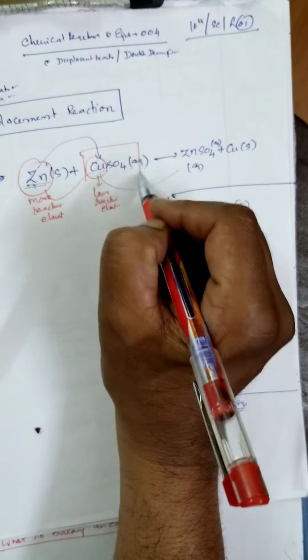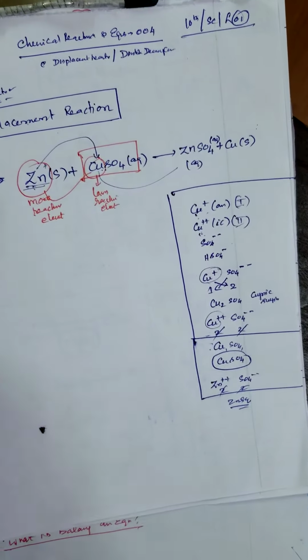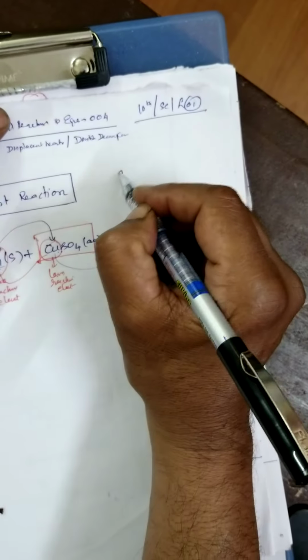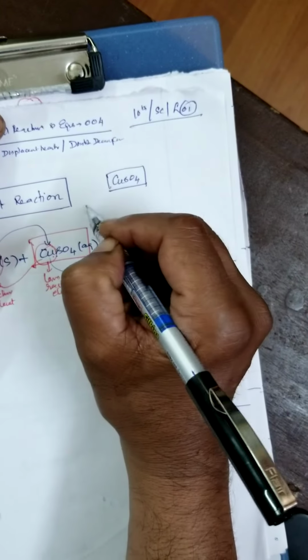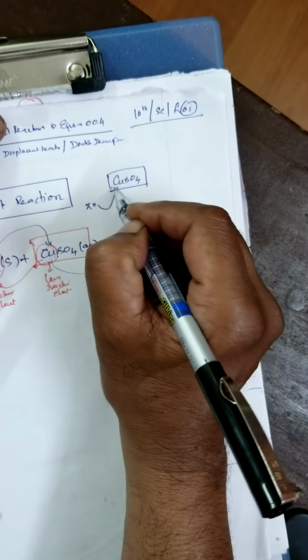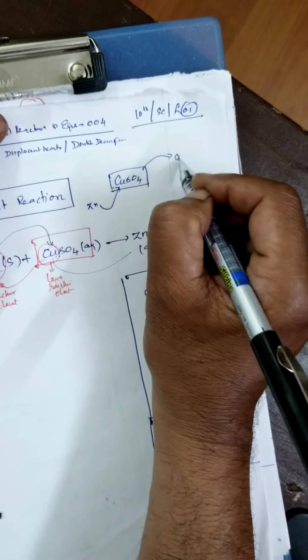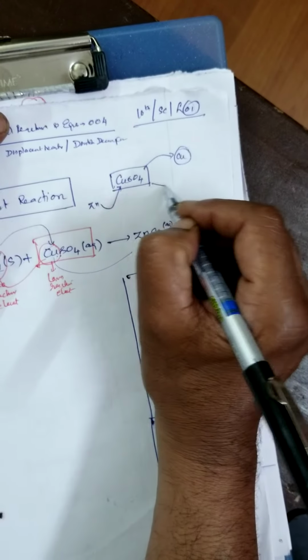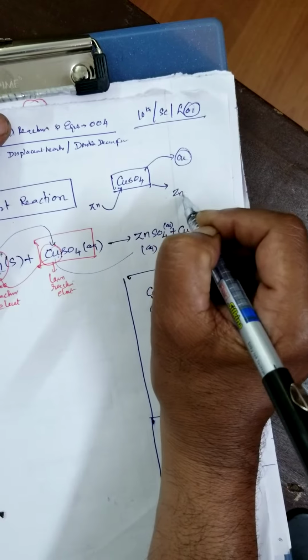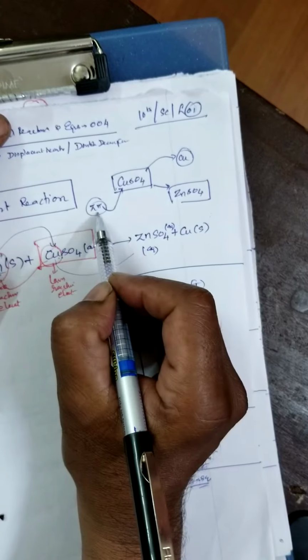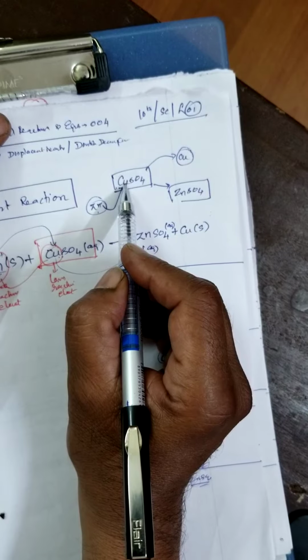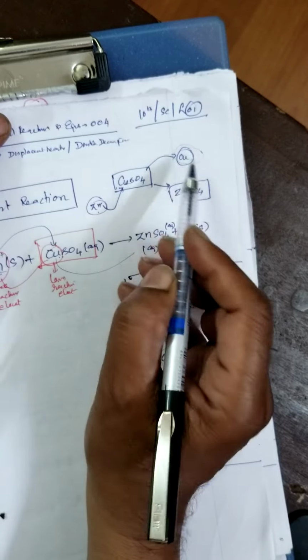This is the compound, no? Therefore, the compound is what? Cuprous sulfate. The more reactive element will come and hit this and will throw off copper, and what will become zinc sulfate. That means the more reactive element displaces the less reactive element, right?